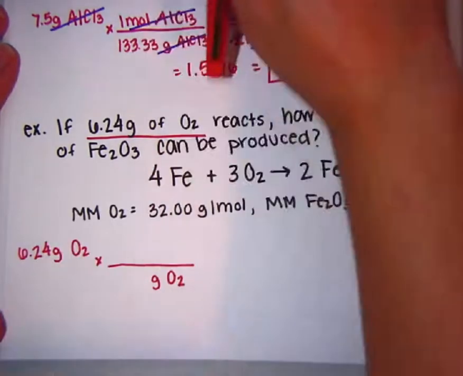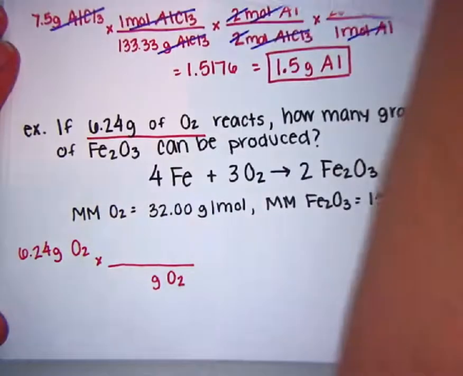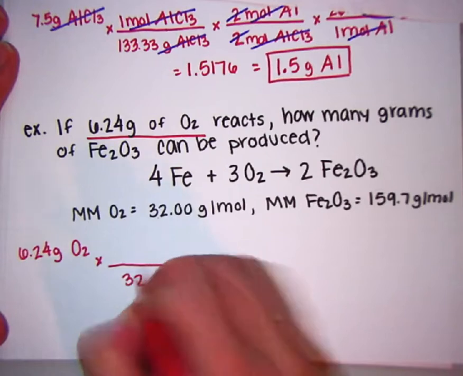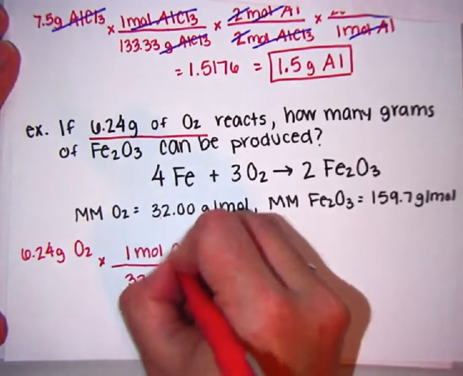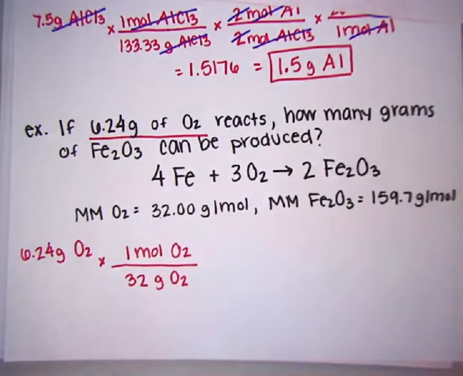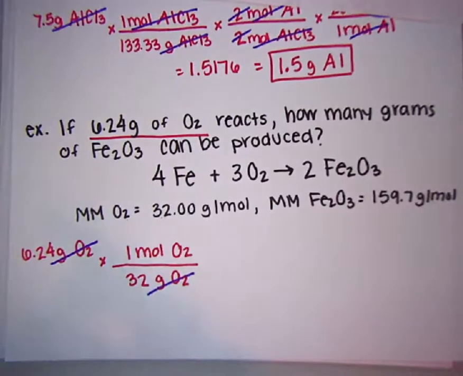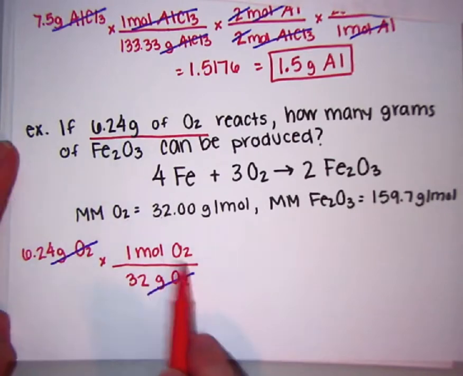If I'm starting with grams, my conversion factor is the molar mass. Molar mass of oxygen is 32 grams per every 1 mole. Grams of oxygen divided by grams of oxygen cancel. So right now, if I were to stop and solve, this would give me moles of oxygen.